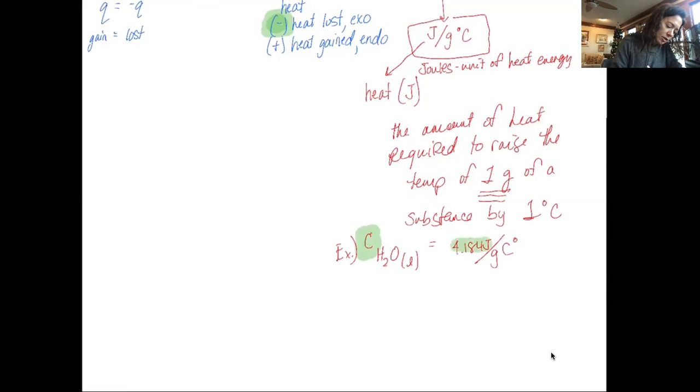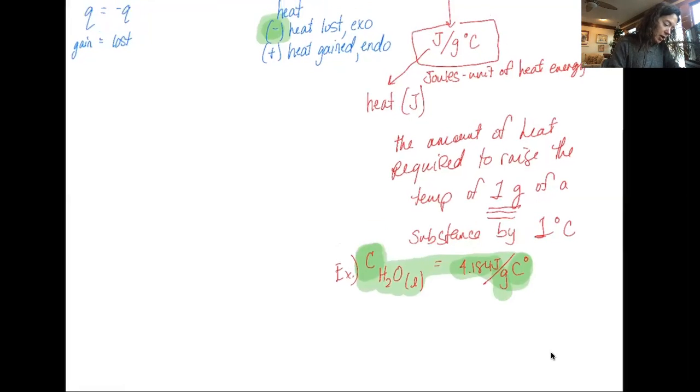How much heat is required to raise 1 gram 1 degree Celsius. For liquid water, this is your specific heat, okay? So if we wanted to raise it 2 degrees Celsius, we would need to add twice as much heat, okay? And then also the amount of water changes things.